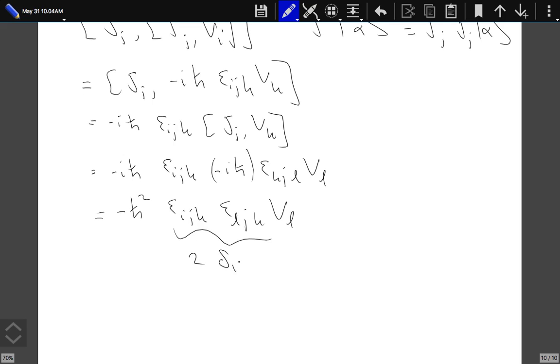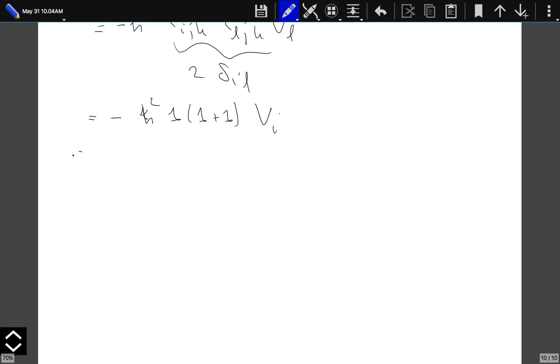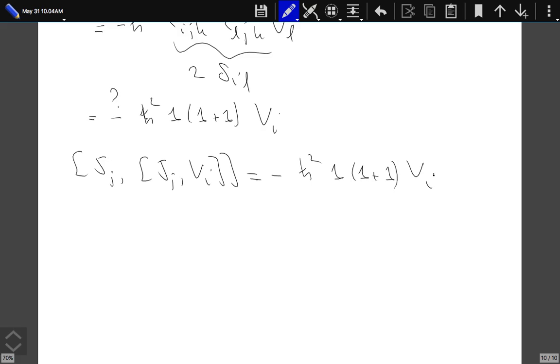Twice Kronecker delta il. So this is minus ħ squared times 1 times (1 plus 1) Vi. So Jj Jj Vi is equal to, well, this minus looks weird, but minus ħ squared times 1 times (1 plus 1) Vi.